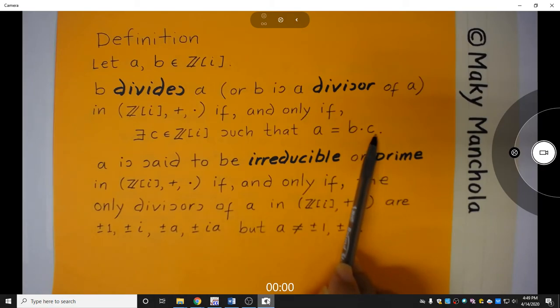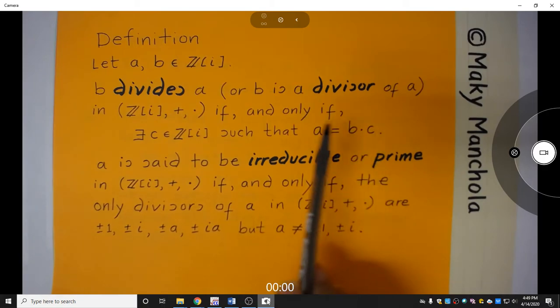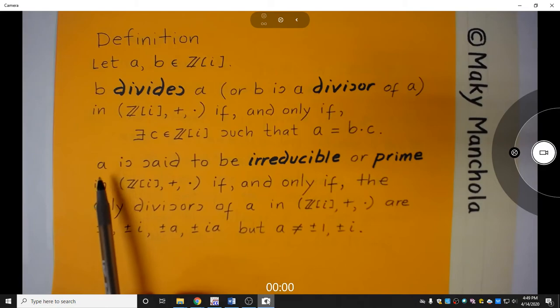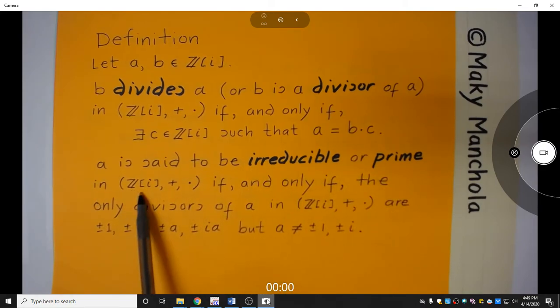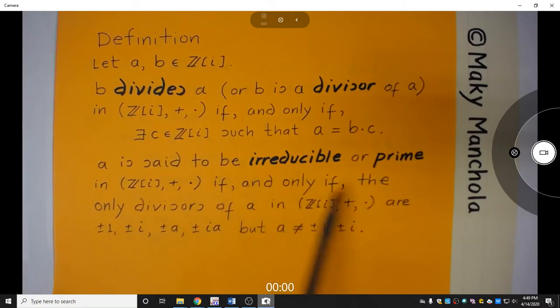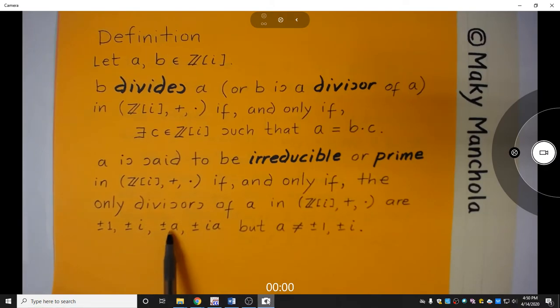This is similar to the divisibility of the integers. a is said to be irreducible or prime in the structure of Gaussian integers if and only if the only divisors of a in the structure of Gaussian integers are plus or minus 1, plus or minus i, plus or minus a, plus or minus ia. But a is neither plus or minus 1, nor plus or minus i.